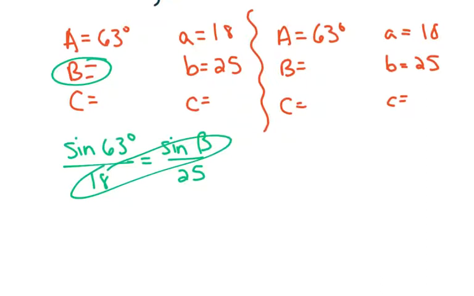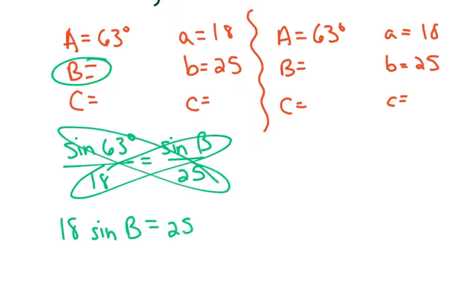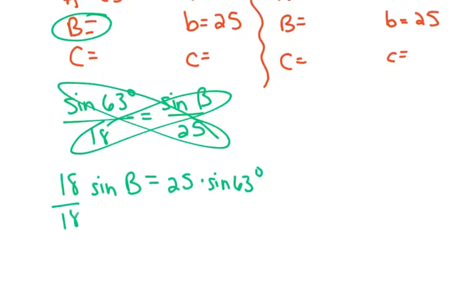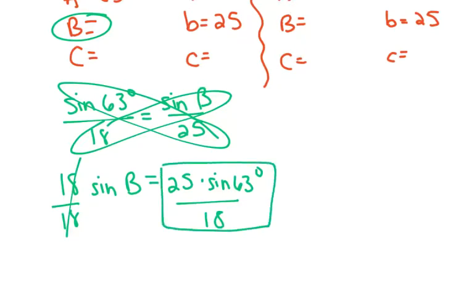I always like to multiply what's going to give me my variable on the left first. So 18 sine of B is going to equal 25 times the sine of 63. And then we're going to divide both sides by 18 so that this goes away. So this is what you're going to do now. You're going to plug this part into your calculator.